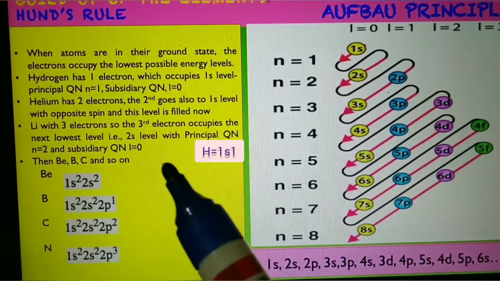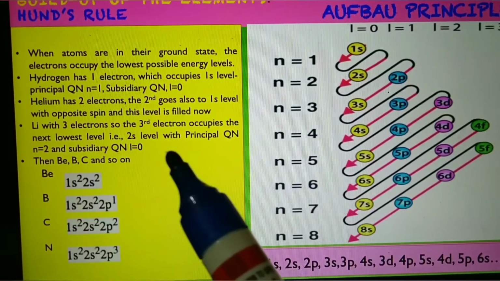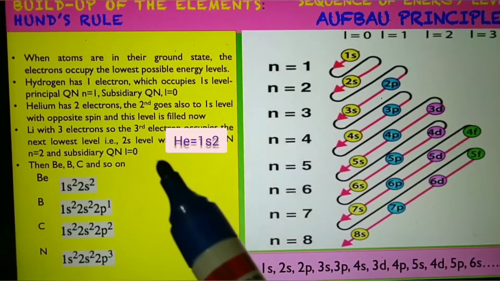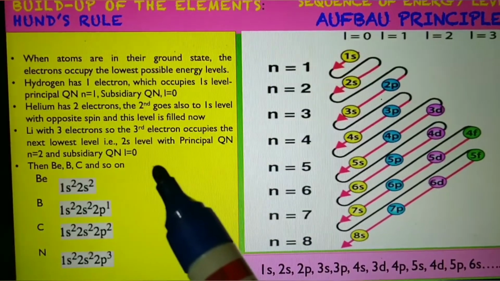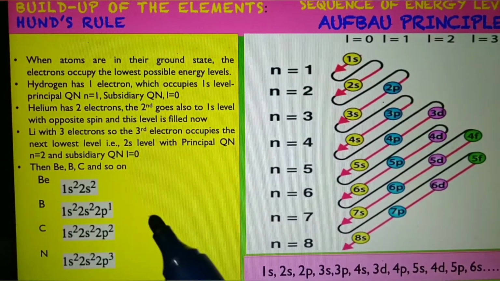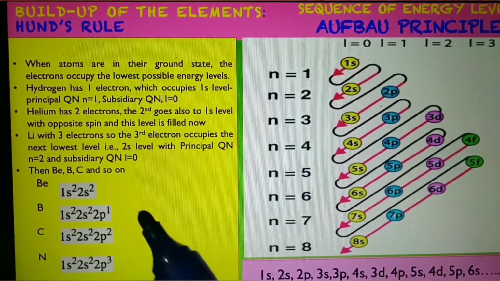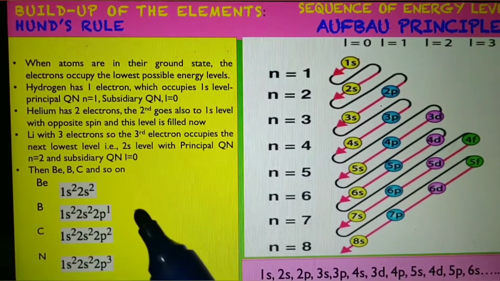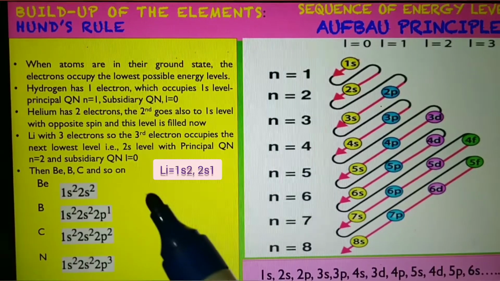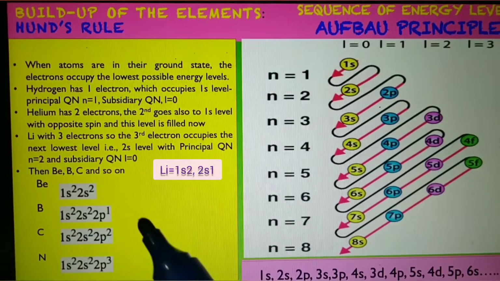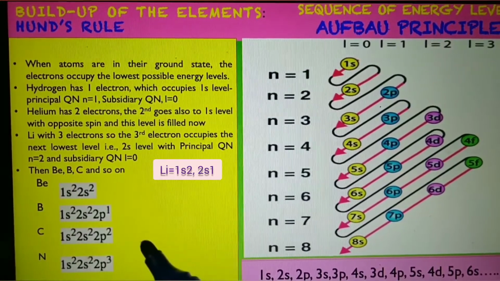In case of helium, the second electron goes to the 1s level with opposite spin, and this level is filled up now. Then the next element, lithium, where the third electron goes to the next lowest level, that is 2s, with principal quantum number n equal to 2 and subsidiary quantum number l equal to 0. That means again s orbital, so its electronic configuration will be 1s2, 2s1.